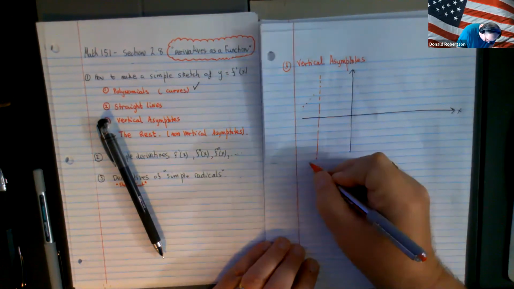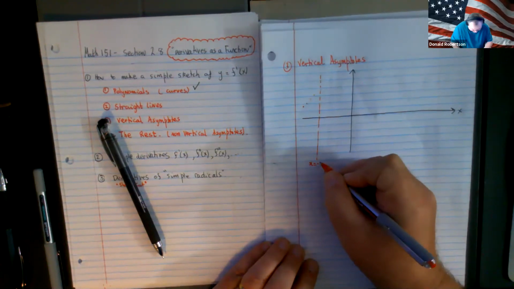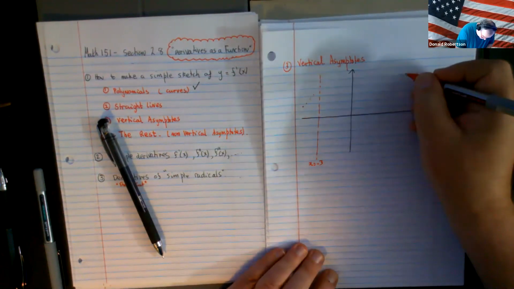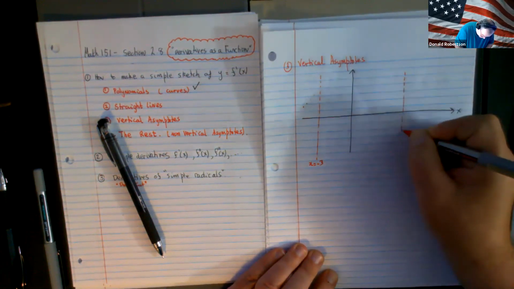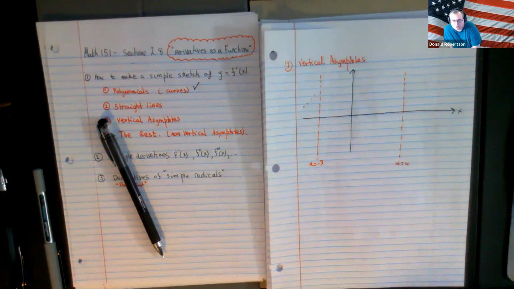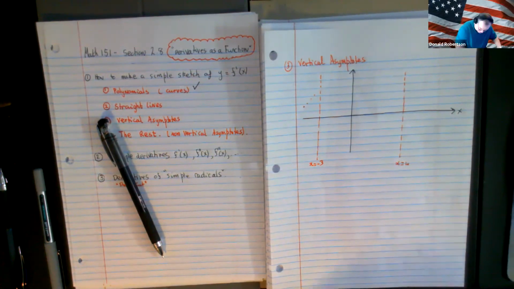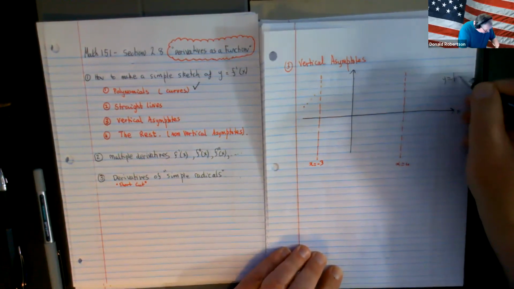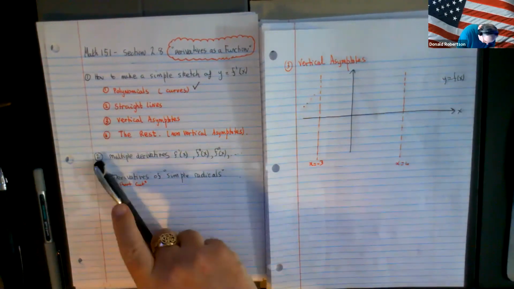Now, there's no significance to me actually putting these numbers in. They're just kind of a visual help for me. Okay, so let's do a function, y equals f of x, that has two different kinds of vertical asymptotes in it. And we'll see what we get.